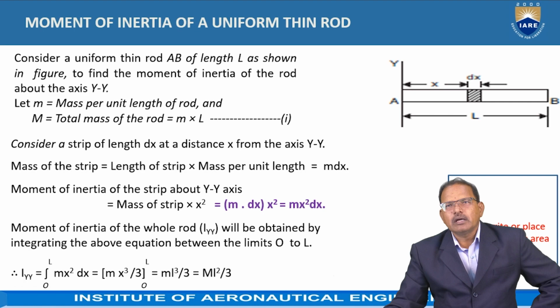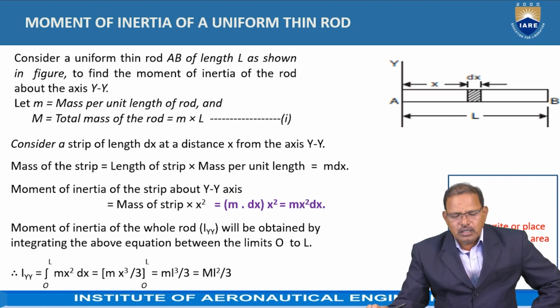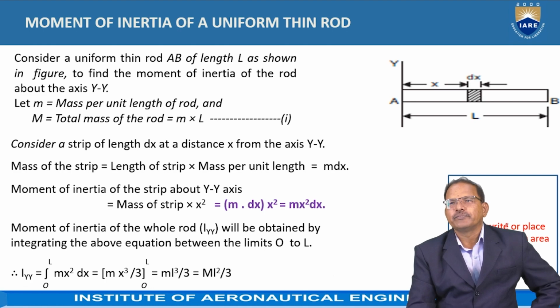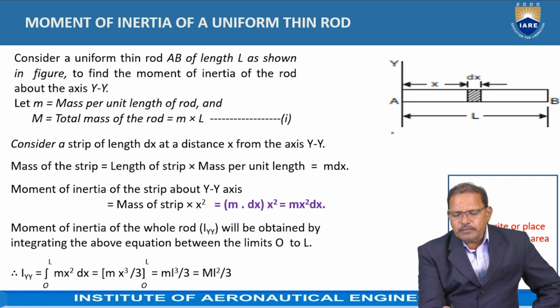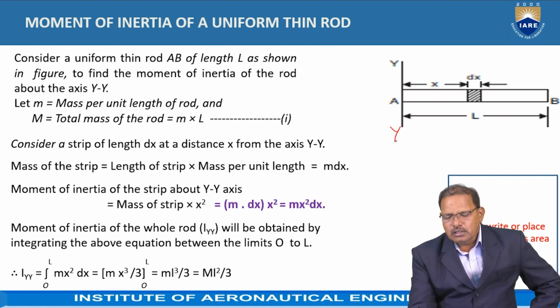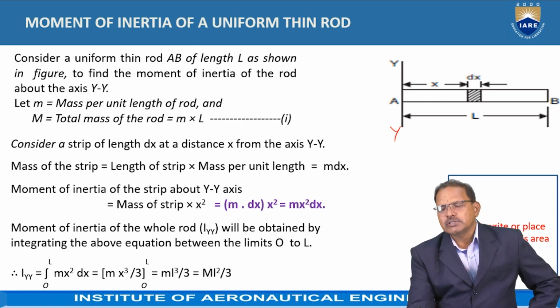The mass moment of inertia of a uniform thin rod now. So let us consider AB, the rod of uniform thickness having length equal to L. Let YY be the reference axis which is perpendicular to the rod as shown in the figure.